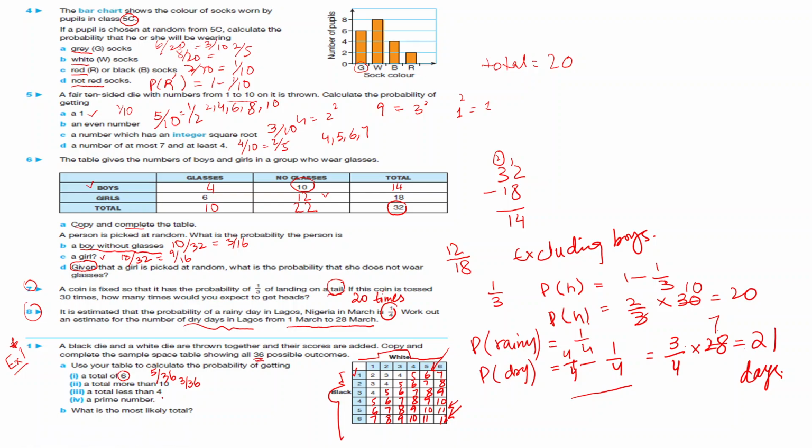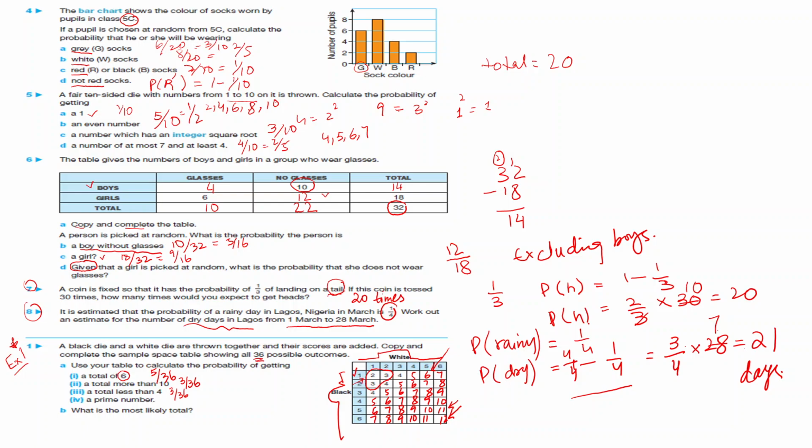A total less than 4. Less than 4 also has the same three possibilities, so again you have 3 out of 36. And a prime number: the prime numbers are 2, 3, 5, and so on.